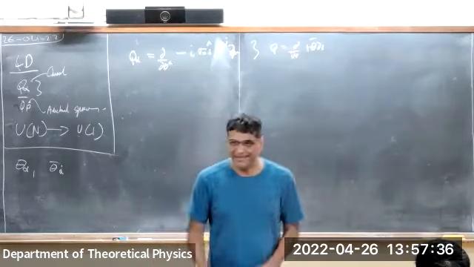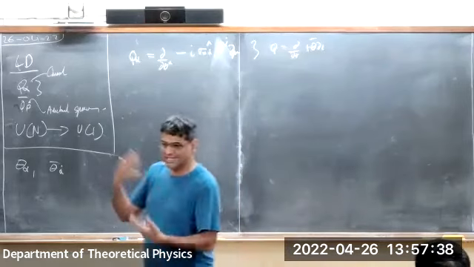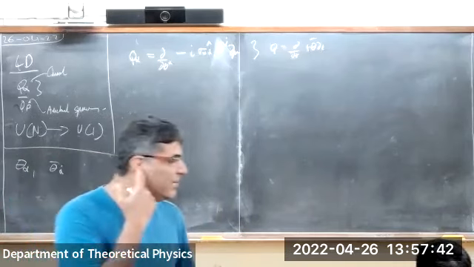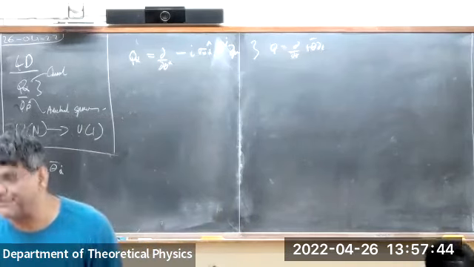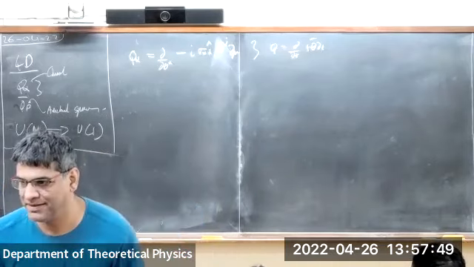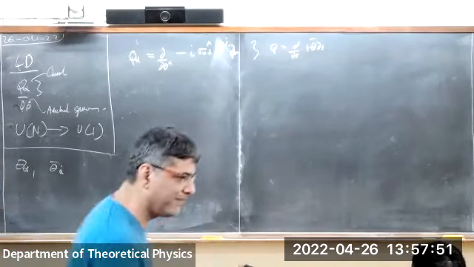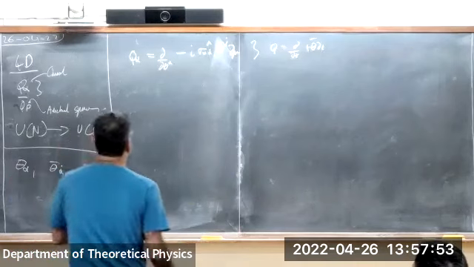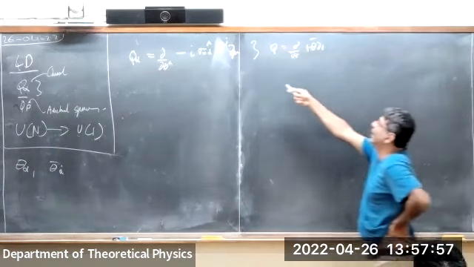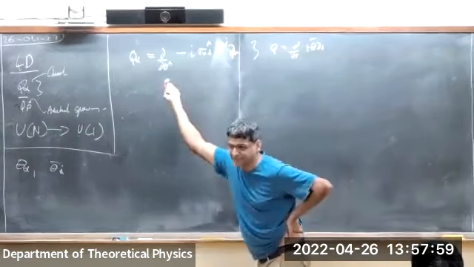This is clear, right? So this sigma mu is the object that expresses the fact that a vector is a product of two spinors, a chiral spinor and an anti-chiral spinor. It is the object that allows us to convert from one to the other.